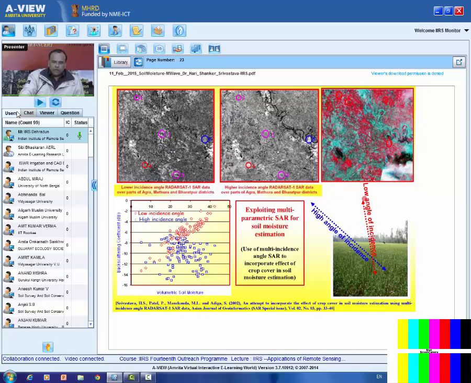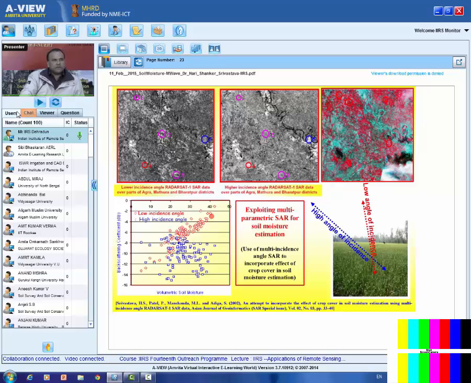Now what I have done is plot soil moisture versus backscattering coefficient for these two cases, and you can see these red points are showing a definite relation with soil moisture. As soil moisture is increasing, these red points are also showing higher backscatter. What does it mean?